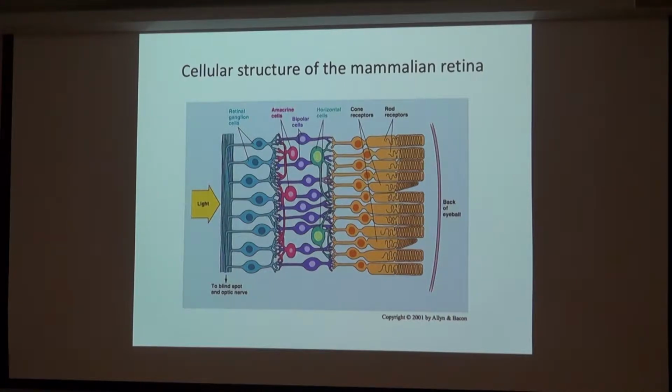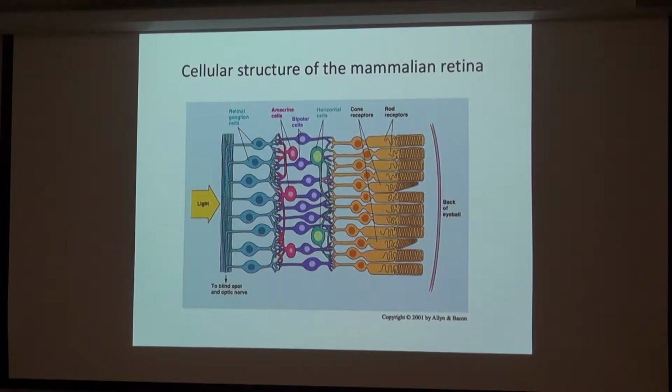In the photoreceptor cell layers you have two types of photoreceptors: the rod photoreceptors and the cone photoreceptors. The rod photoreceptors are responsible for perception of light under very dim light conditions, and the cone photoreceptors, of which we have three types, are more responsible for bright light perception, and they are also responsible for color perception.